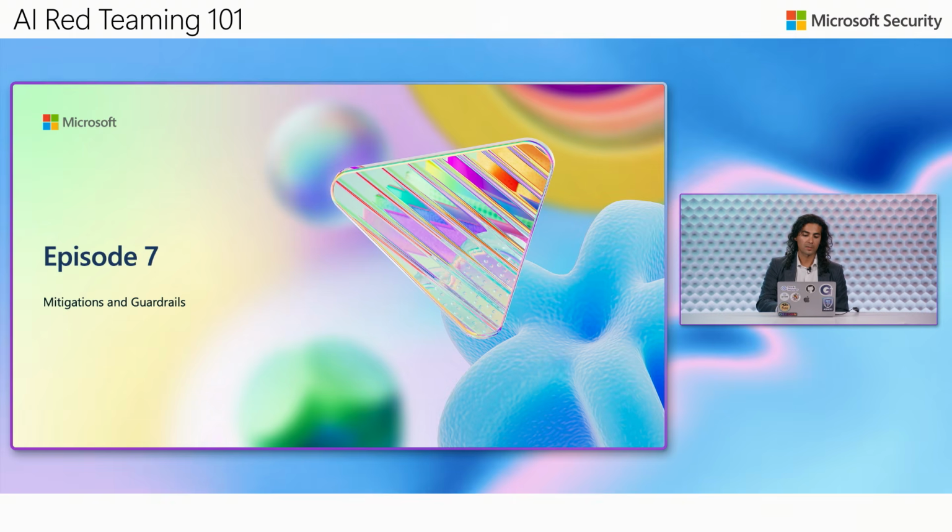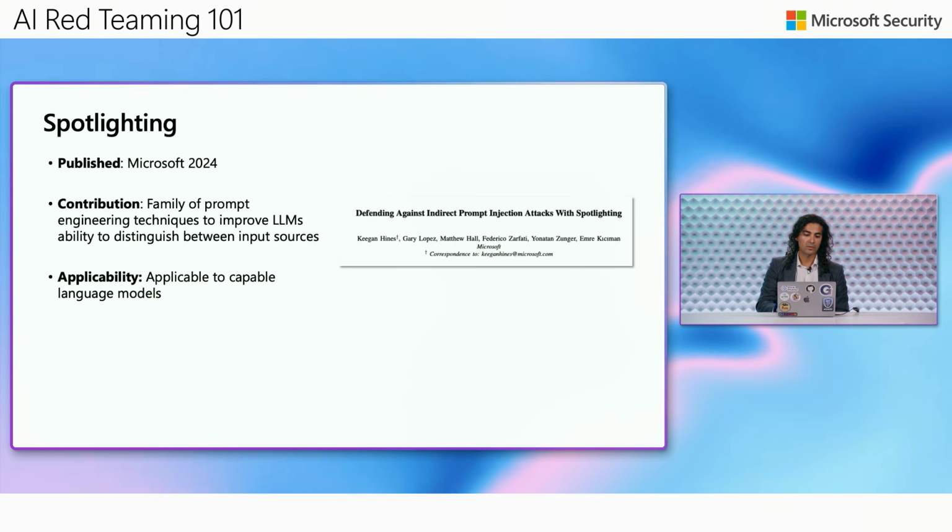One technique that we've developed is called spotlighting. We published a paper in 2024, and spotlighting is really a family of prompt engineering techniques that allows a large language model to better distinguish between known, trusted inputs versus unknown and untrusted inputs.